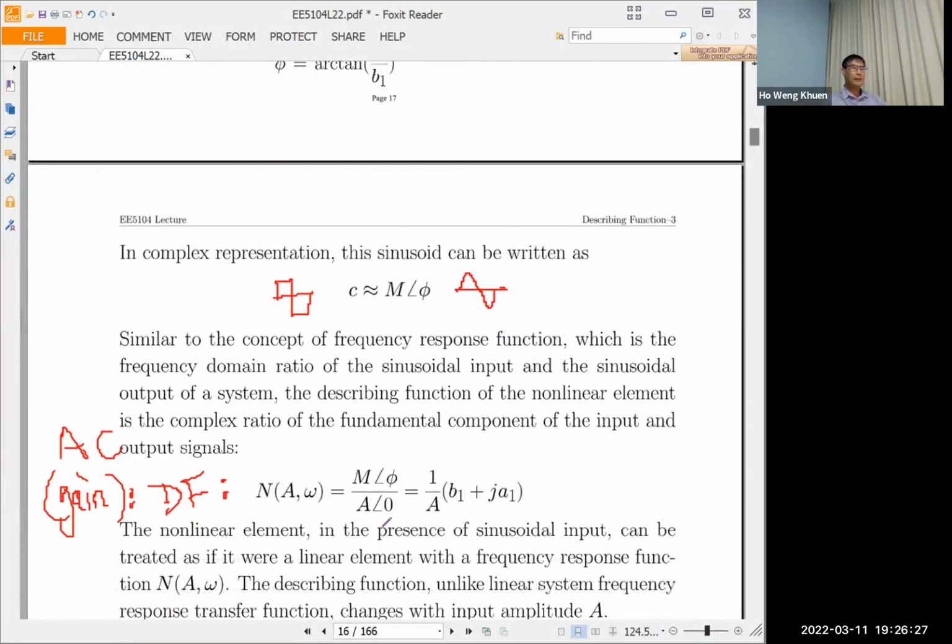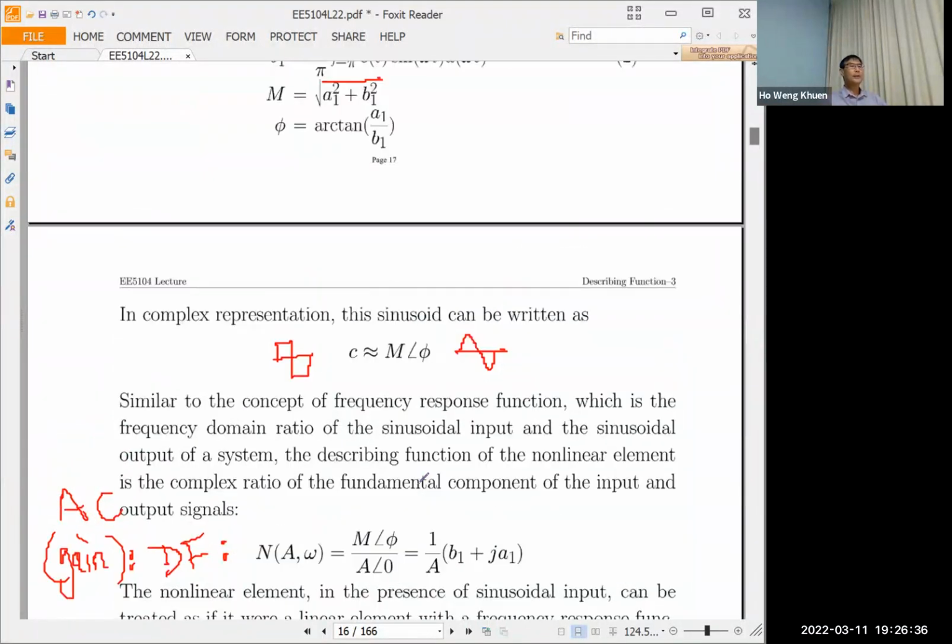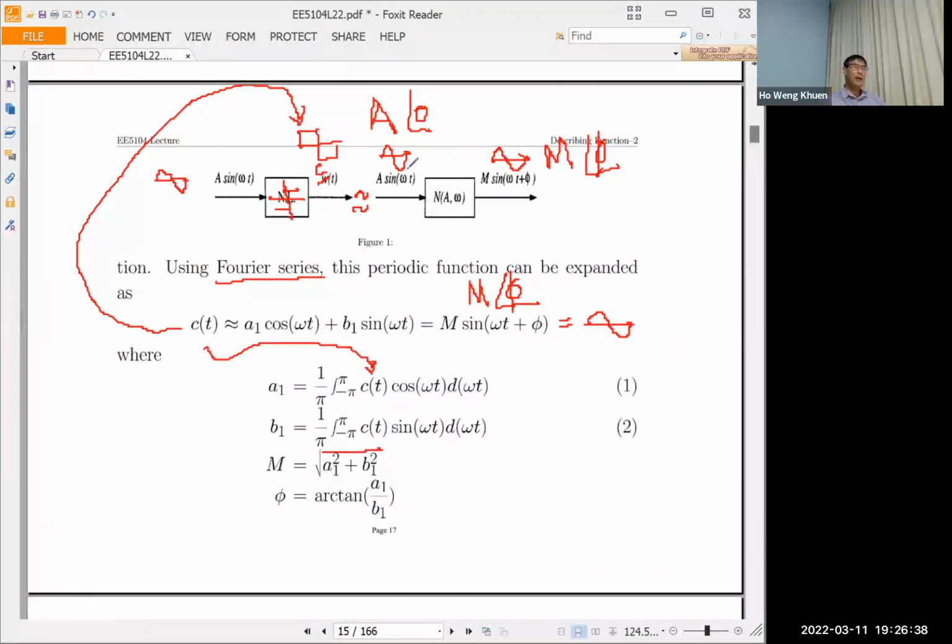And then after that, use the sine wave approximation and divide the output by the input. Note that the input is always a sine wave. It's the output that is approximated.